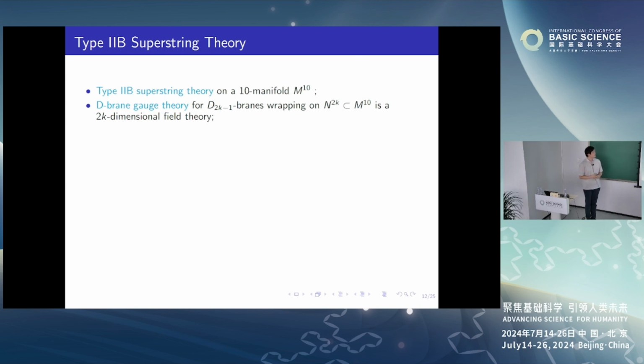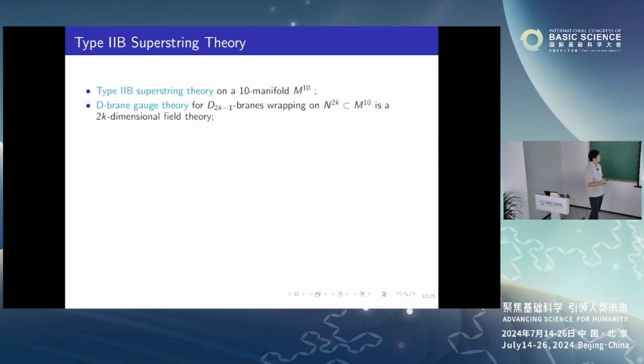Physicists would say that there is something called the D-brane gauge theory for the 2K minus 1 branes. These numbers depend on the fact that we are thinking of 2B string theory. But with 2K minus 1 branes, you are thinking of a 2K dimensional submanifold of your given 10-dimensional space-time manifold.